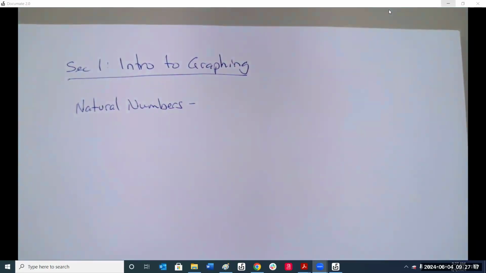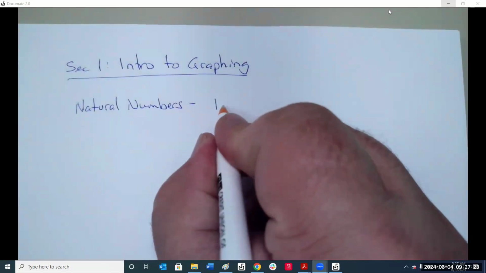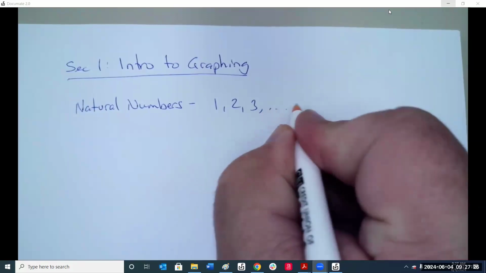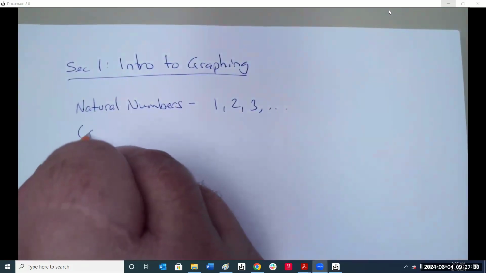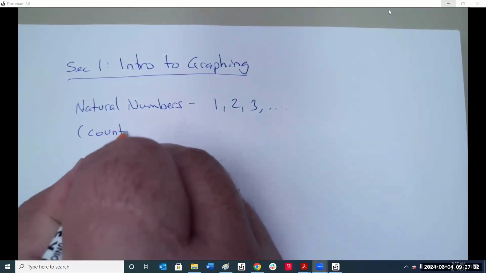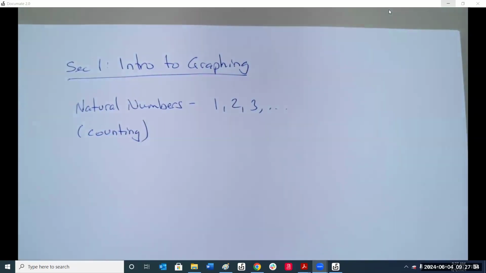What are natural numbers? 1, 2, 3, all the way up to infinity. Another name for them is the counting numbers. When you're asked to count, you always start at 1 and go on that way.